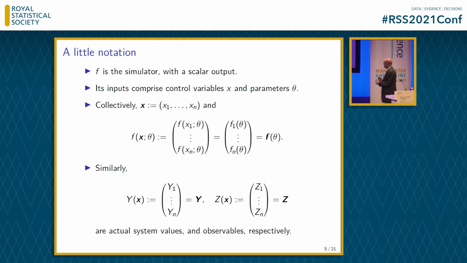That's a vector of system values, which we don't observe. So we get to see this every time we run the simulator, but we don't understand the function f because it's very complicated. But when we run this f at theta, we get to see f of theta. We don't know the true system values, but we do know their observations. Okay, so it's 3 vectors there.